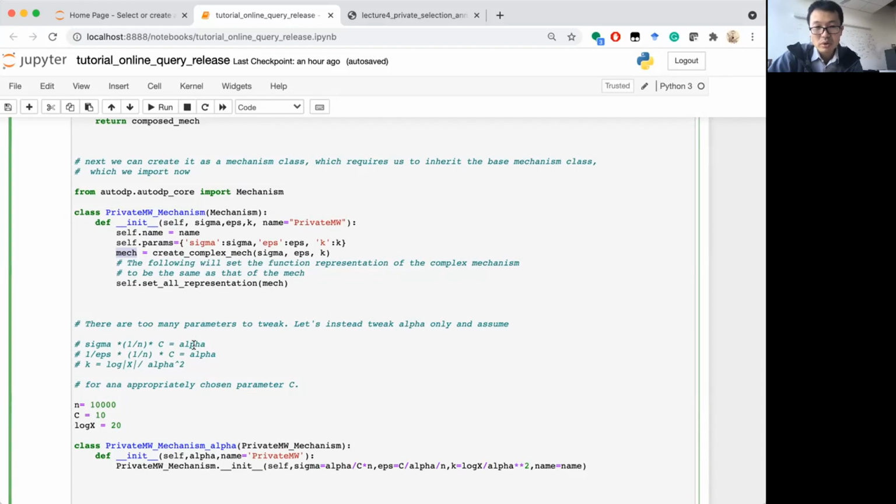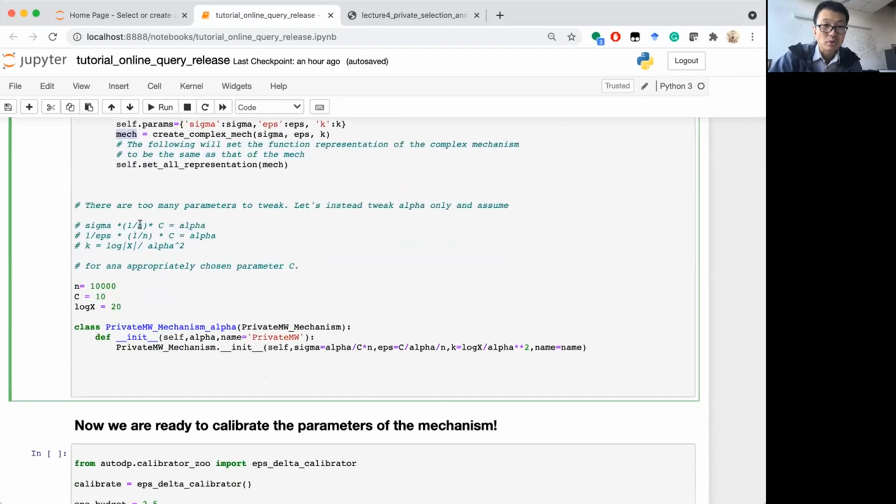So what we're going to do is set this gamma as a variable, and then couple this gamma with the other three parameters, sigma, epsilon, and k, and try to figure out the smallest gamma that we can get so as to achieve the predefined privacy budget. Then AutoDP will automatically instantiate what these parameters epsilon and k are for us, and using the same formula we can figure out in reverse what this gamma is that gives us epsilon delta DP.